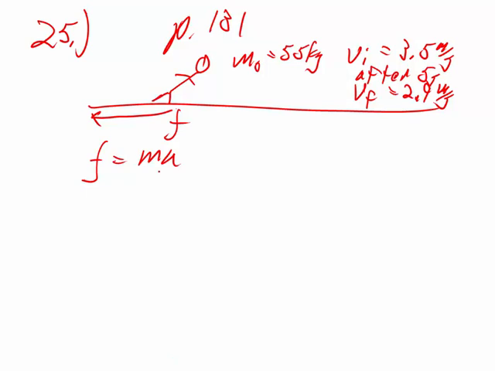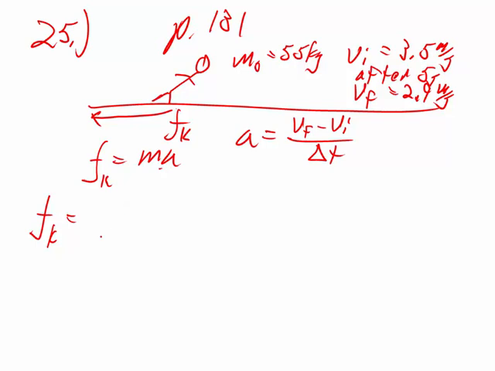Well, so we know that F's equal to ma due to Newton's second law. Kinetic friction is in the opposite direction. I forgot my K on there. All right. But now look, we have the initial and final velocity, and we have a time interval. So we remember from our kinematics that acceleration is equal to what? V final minus V initial over the change in time. All right. So let's substitute that in, and let's say the kinetic friction then is equal to what?